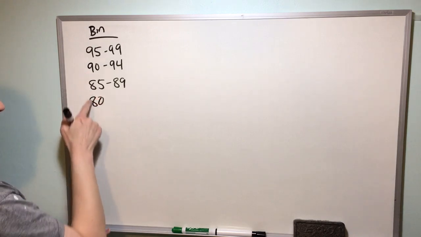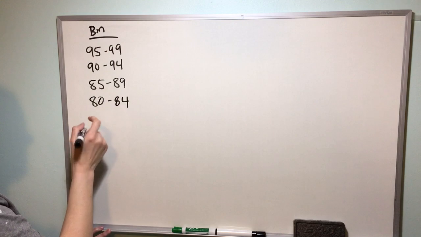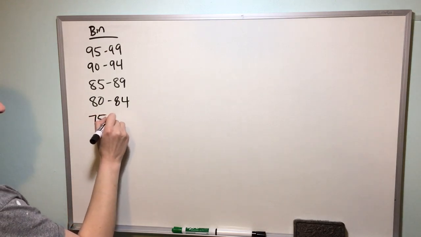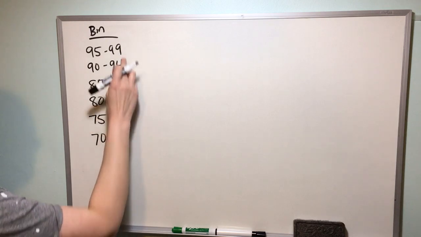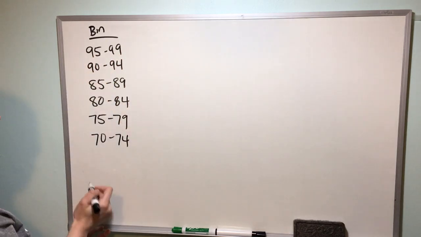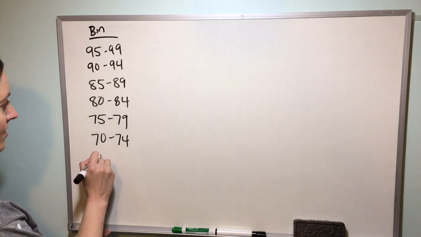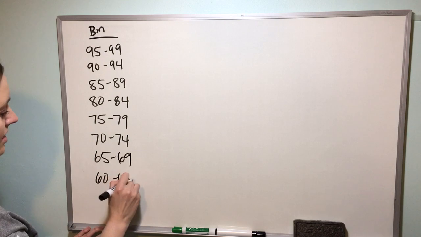The next one will be 80 to 84. And what's the next one? 75 to 79, 70 to 74. You see how they all end in 9s, and then 4s, and 5s, and then 0s. And then just keep going all the way down. 65 to 69, and 60 to 64.